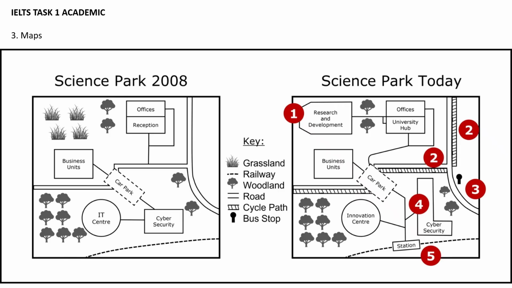These maps can be of a park as shown in the picture, of any premises, school, college, hospital, maybe airport, railway station, layout of a city, maybe how it looked in the past, how it looks right now, or maybe how it looks right now and how it is going to look after 10 years or after remodeling. Right, so either data charts or process diagrams or maps.